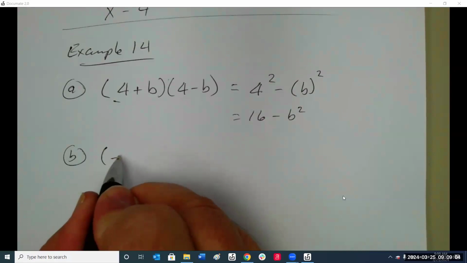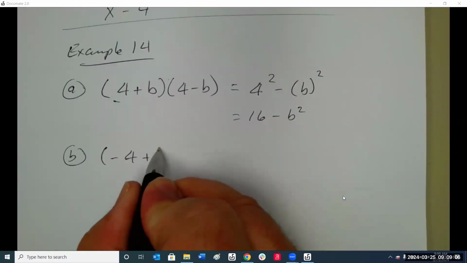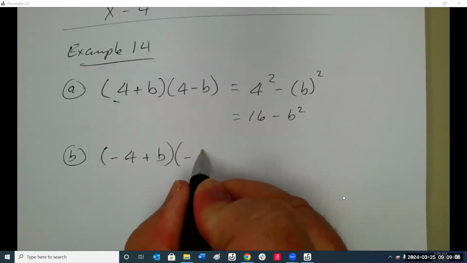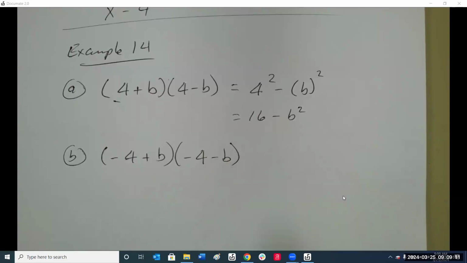The next one, negative 4 plus b, negative 4 minus b.